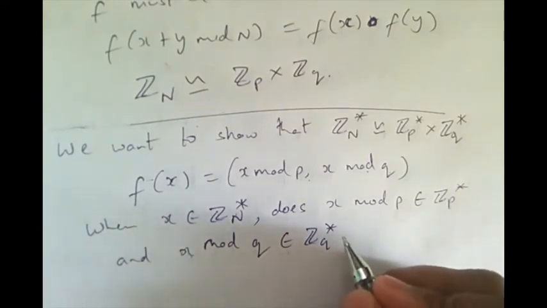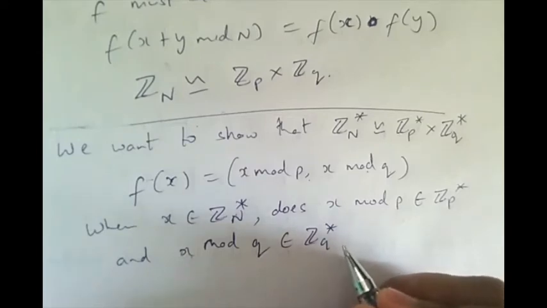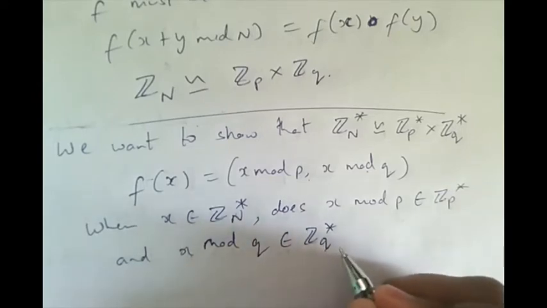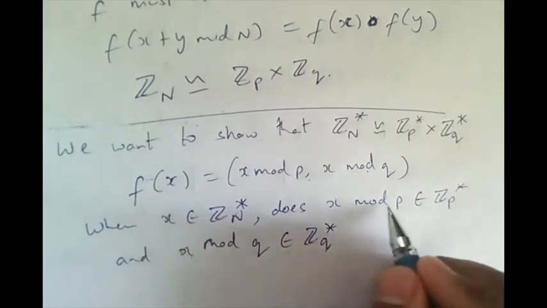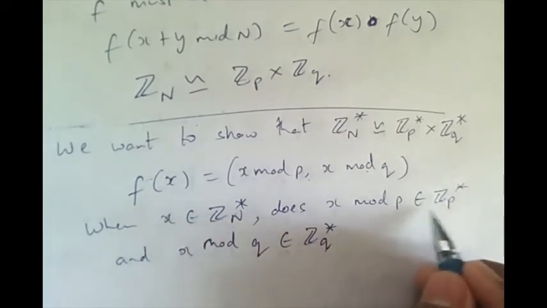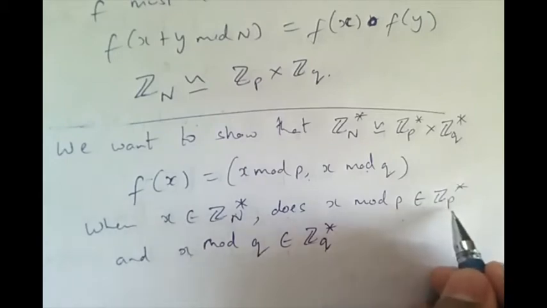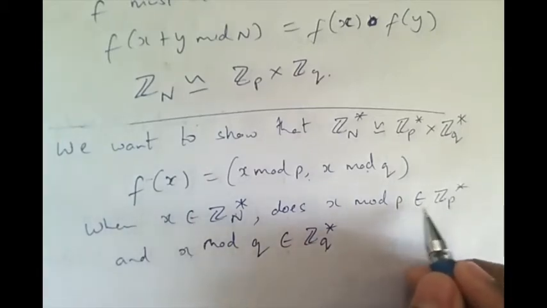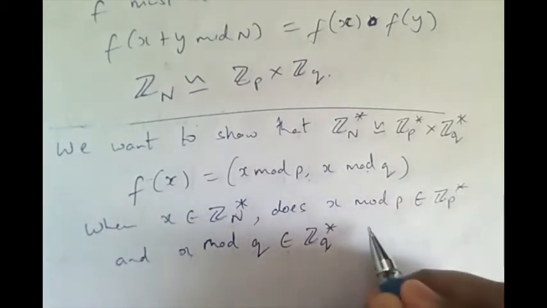So what are these p and q? Note that they are not primes, they are some integers which are relatively prime. So it's possible that x mod p belongs to Zp. It will definitely belong to Zp because it's going to be some integer from 0 to p minus 1, because it's a remainder. But how do we know that it belongs to Zp star?